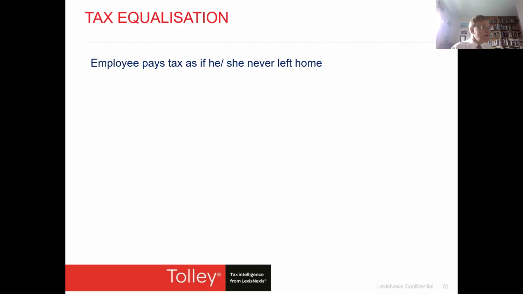Hope that answers the question. So, yes, generally speaking, on a short-term assignment, you'd use a combination of the treaties to keep them taxed in the country of the home residence.